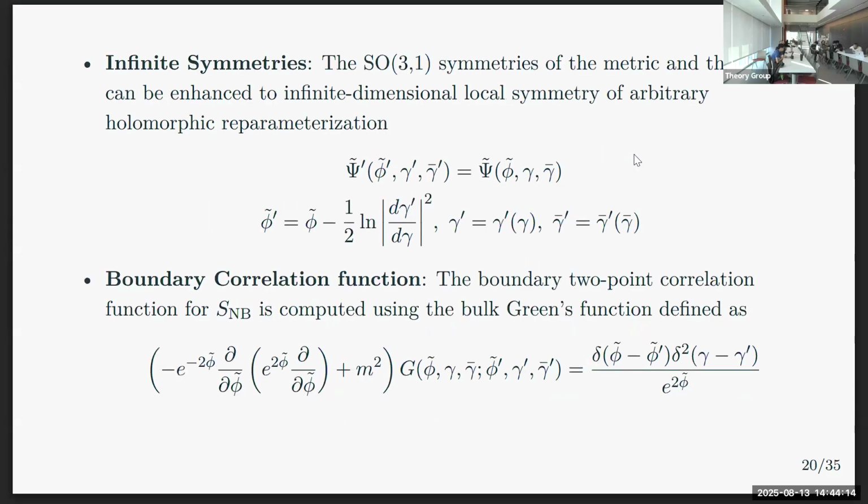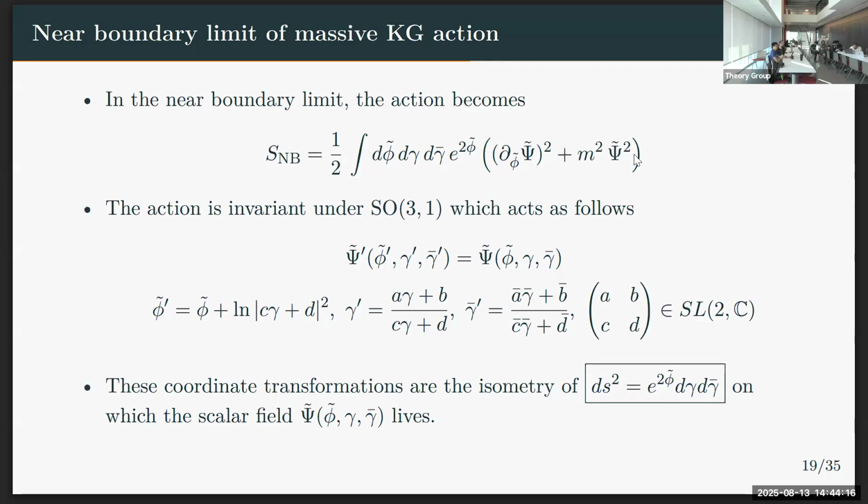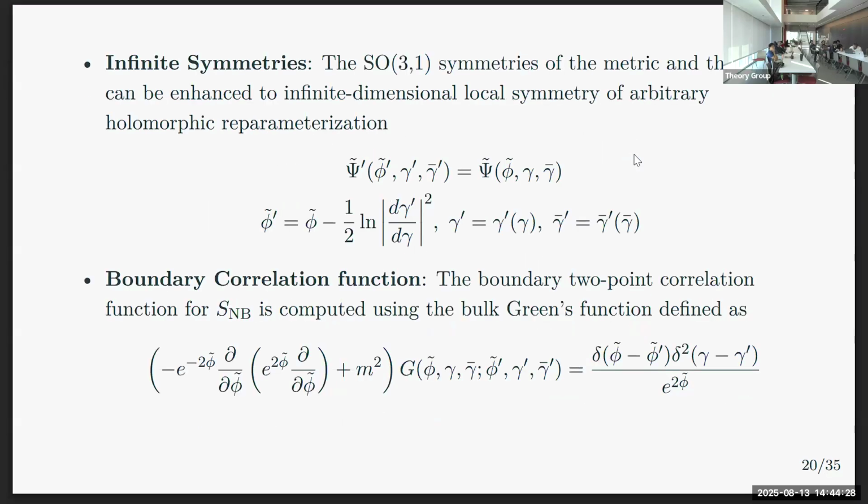Right. So now this SO(3,1) symmetry, I can enhance it to some sort of infinite dimensional symmetry. Nobody is stopping me, and my action will continue to be symmetric under these infinite symmetries. This infinite symmetry is just gamma prime goes to a function of gamma, and gamma bar prime goes to a function of gamma bar.